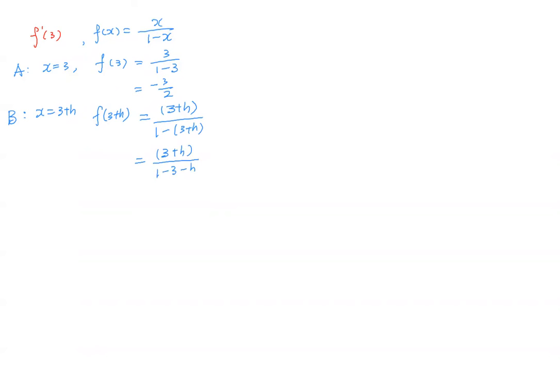So it will be 3 plus h over negative 2 minus h. Okay, now, it's up to us how we want to write this. So I will prefer to write this as negative (3 plus h) over (2 plus h), then it will make my life easier. Can I say so?